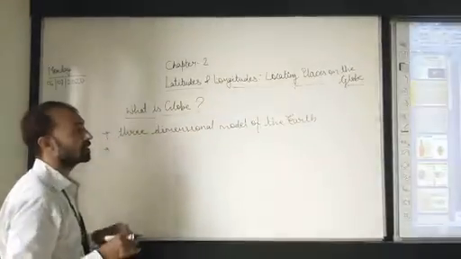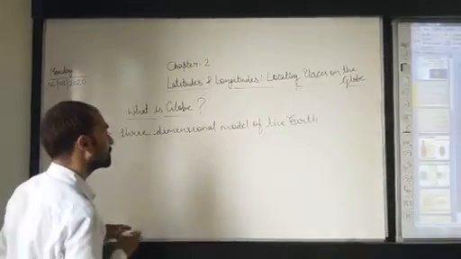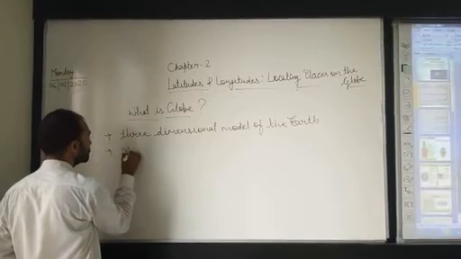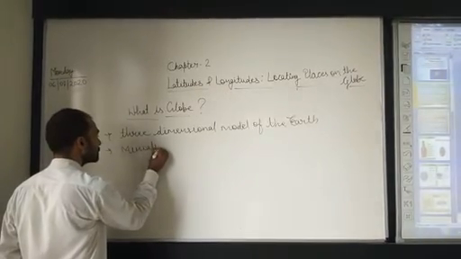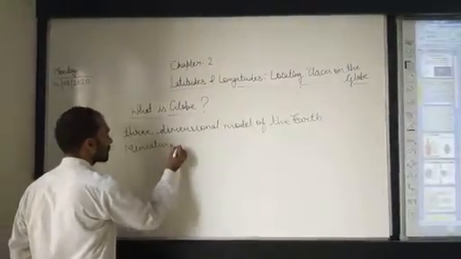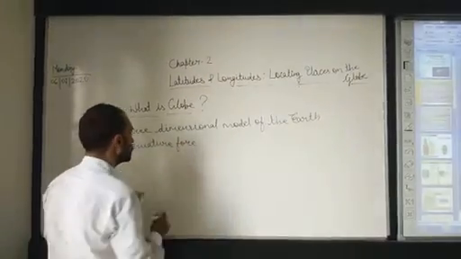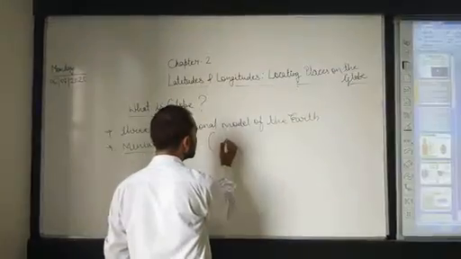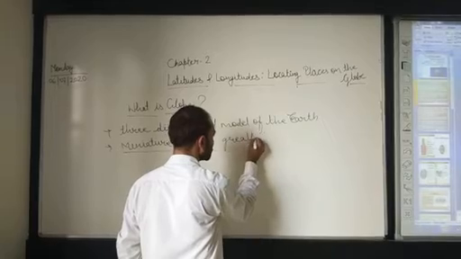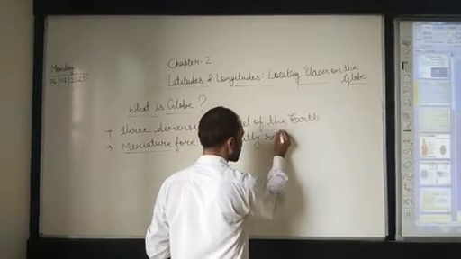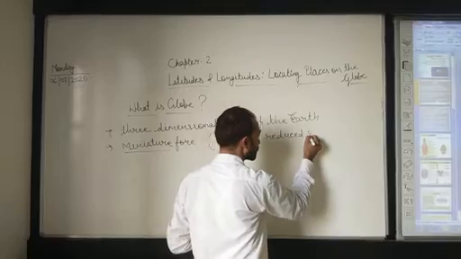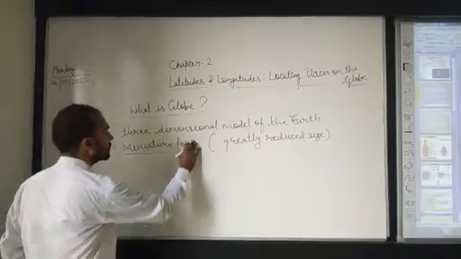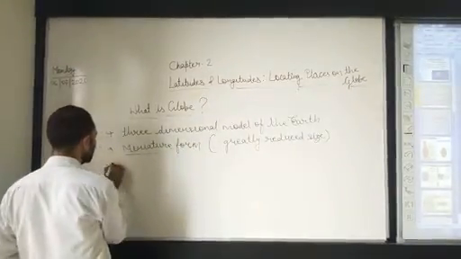Second, it is in a miniature form. What is the miniature form? That it is in a small size or greatly reduced size. So this is in a miniature form.